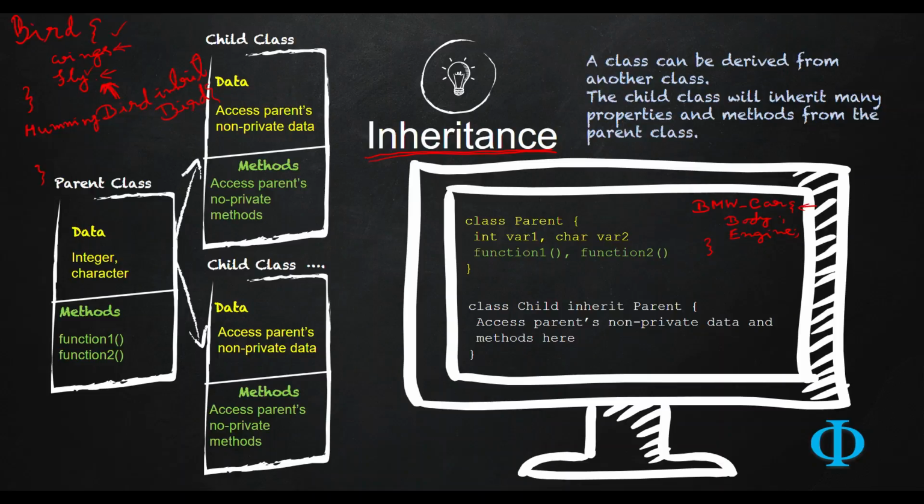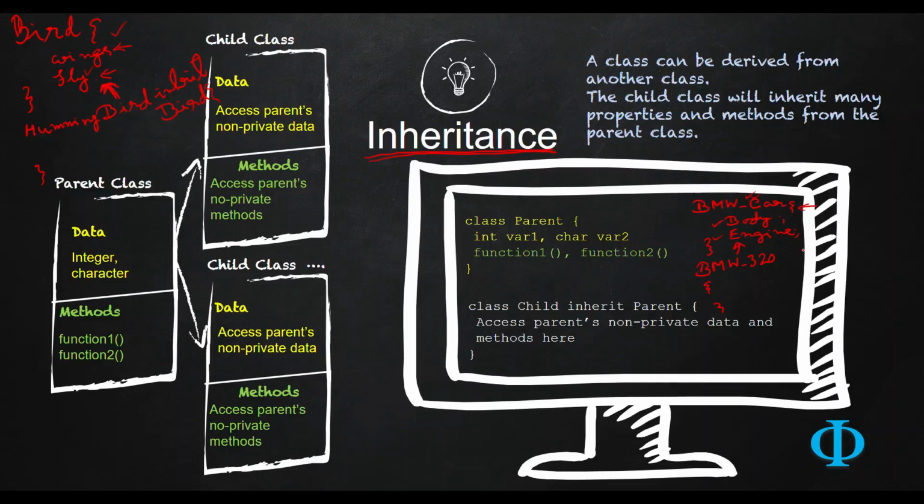At the same time, let's say this BMW car has many different models, right? Let's consider the BMW 320. The BMW 320 model, let's say, inherits the properties of this BMW car. What that means is it also has a similar body and similar engine as that of the general BMW class.